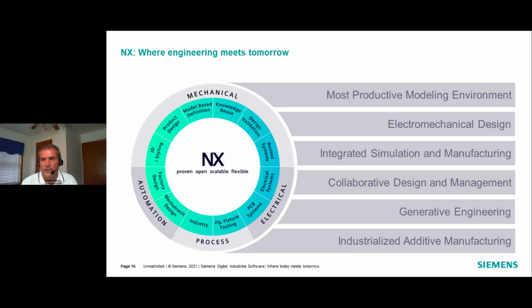These tools fall into 6 different areas that you need to address, and they are using the world's most productive modeler, moving to an electromechanical and mechatronic design tool, being able to bring simulation and manufacturing teams into the design process at an earlier stage, managing the entire process and data across multiple disciplines and domains, harnessing the power of the computer to produce your designs for you based on a set of key inputs and outputs, and finally, embracing additive manufacturing for use of more than just prototyping. To do all this, you need to embrace a multidisciplinary platform that serves the entire enterprise.